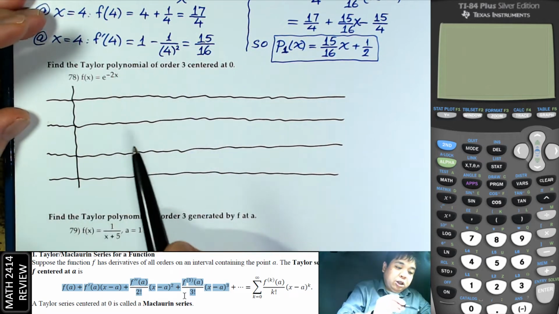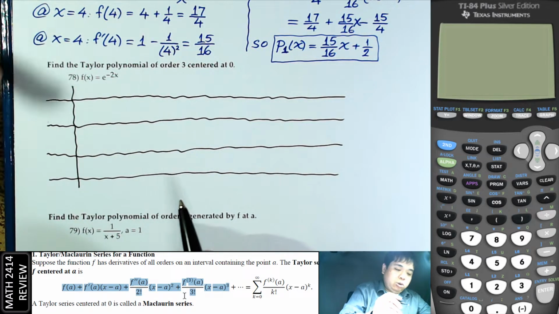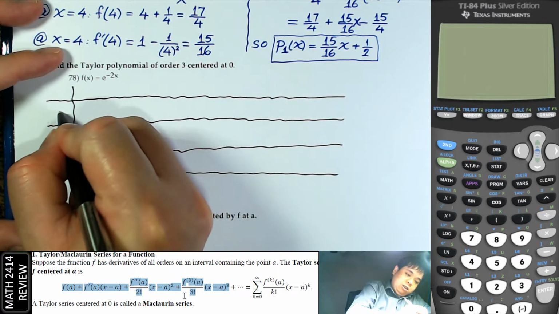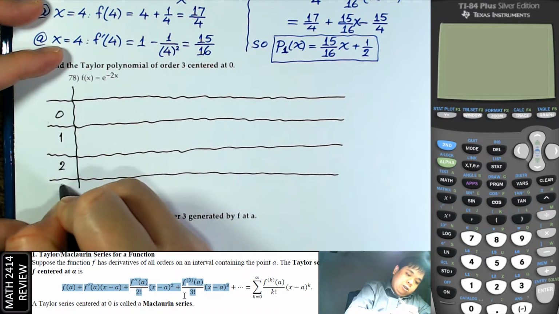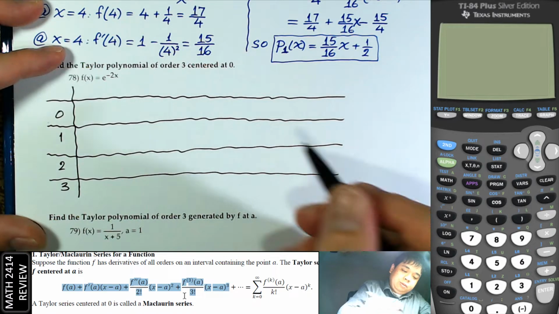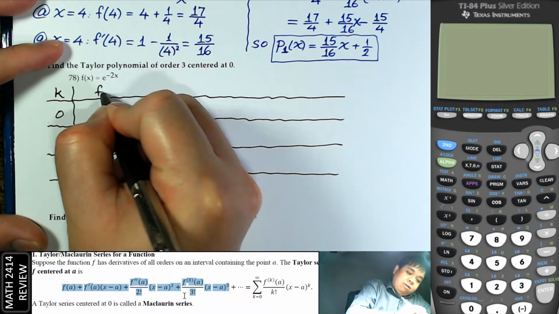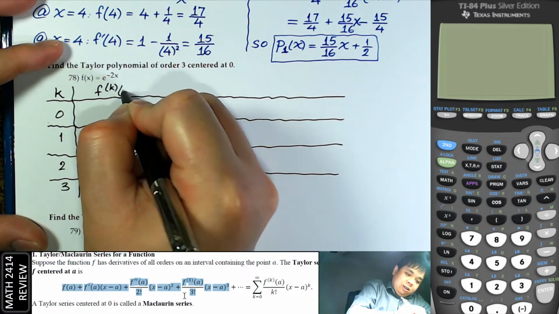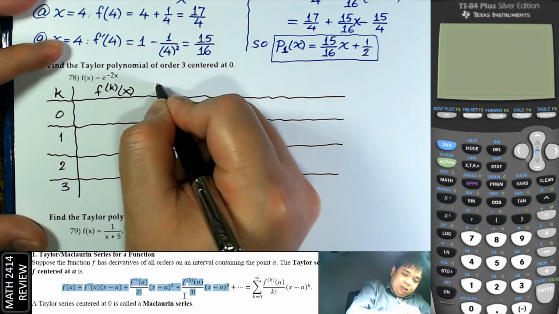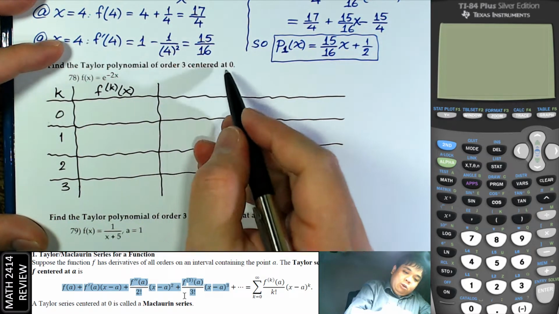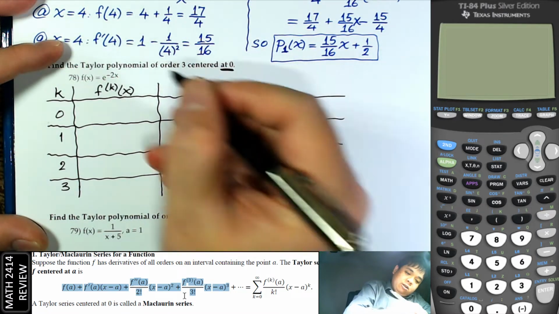This is up to degree 3, so we have 0, 1, 2, and 3. That is k. And first we have the k-th derivative, and then we evaluate. This is centered at 0.